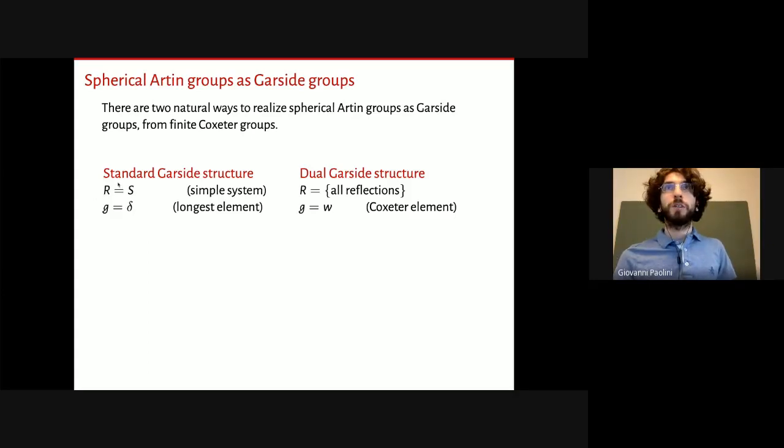On the left, you can realize spherical Artin groups, starting from a finite Coxeter group, using the usual generating set and the longest element as the special element. On the right, now the idea is, okay, let's use all reflections as the generating set of the Coxeter group, and as the special element, use a so-called Coxeter element.